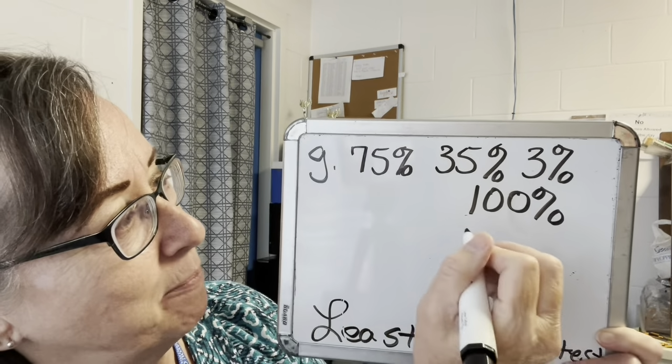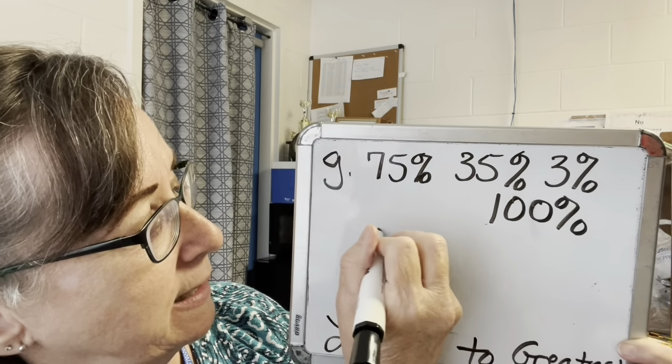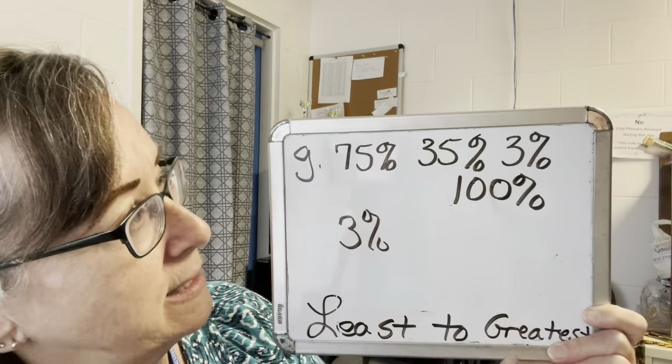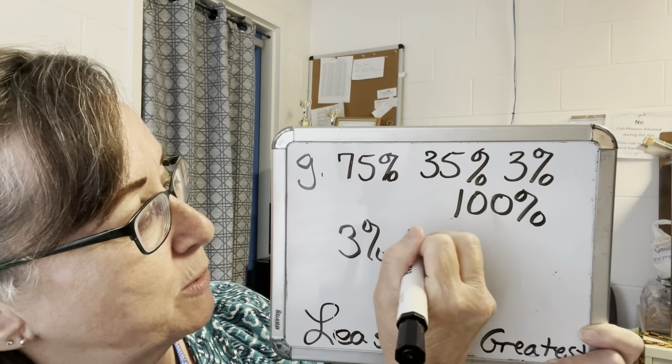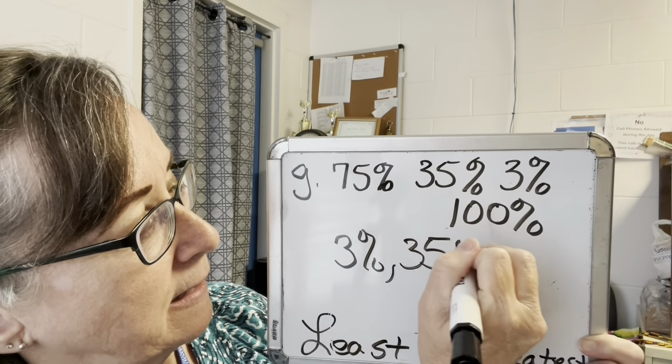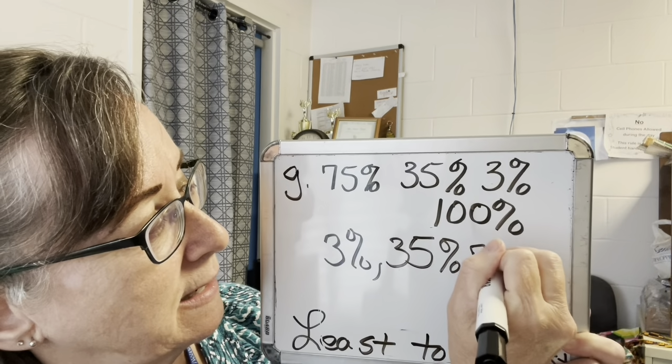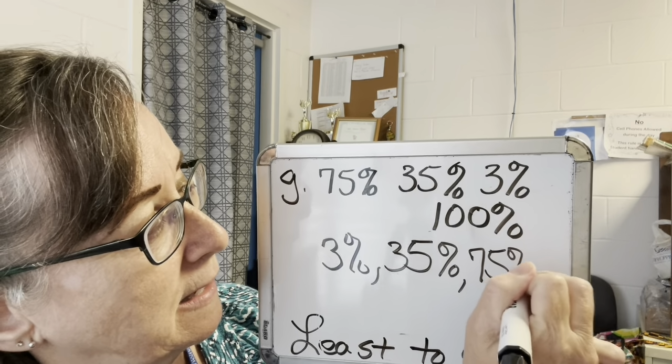So 3% is the smallest. We're going from least to greatest. 35%, 75%, and 100% is last.